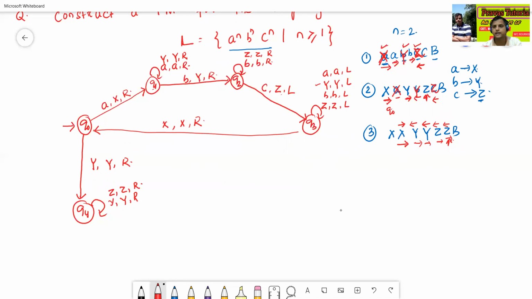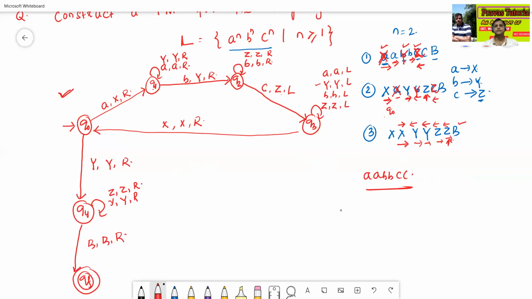When Q4 reads the blank symbol, it writes the blank symbol and moves towards right. This is QF. Now this string is accepted. This string A, B, B, C, C is accepted by the given Turing machine.